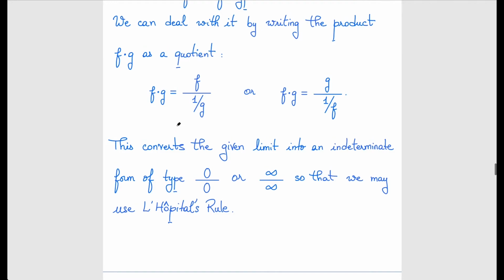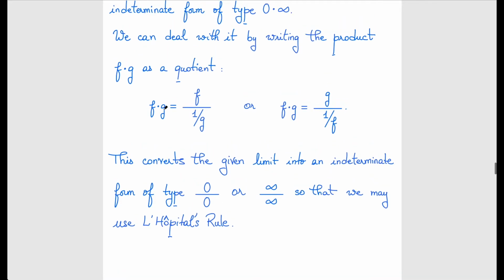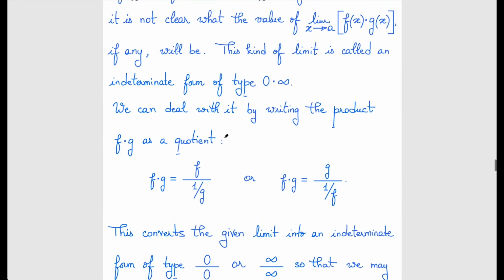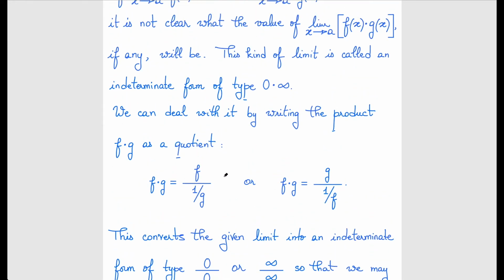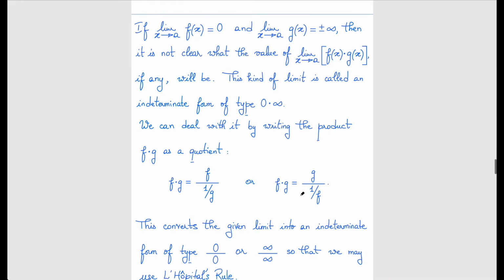It's right there. So you can think about the product f times g as f divided by 1 over g. Or you can think about f times g as g divided by 1 over f. This puts us in the situation where I'm going to have 0 over 0 right here. So let me zoom out to show it to you. This guy upstairs goes to 0, and this guy downstairs is going to go to 1 over infinity, which is 0.